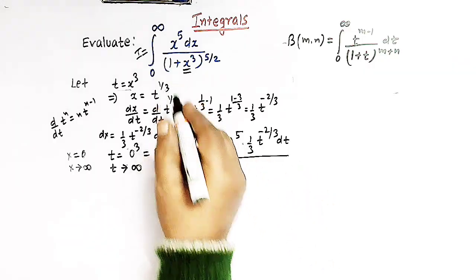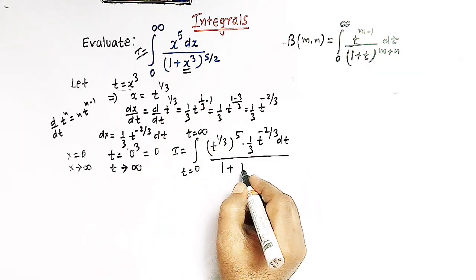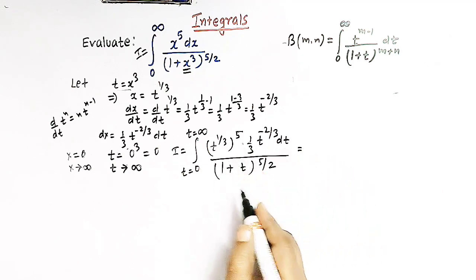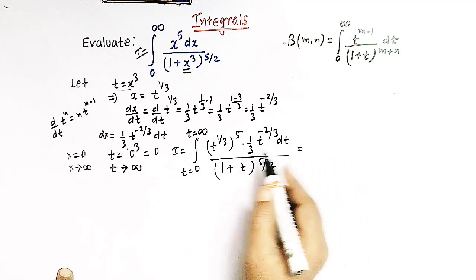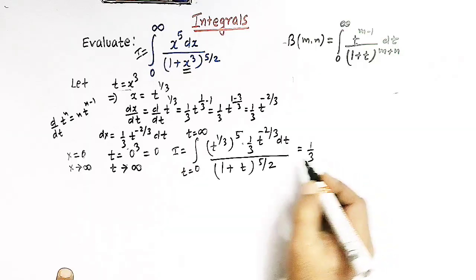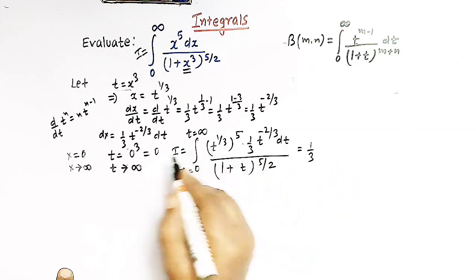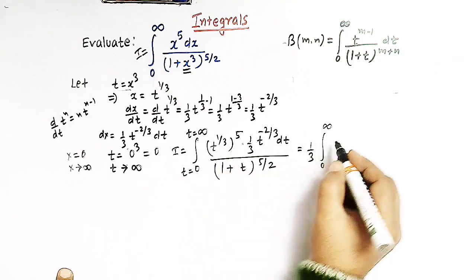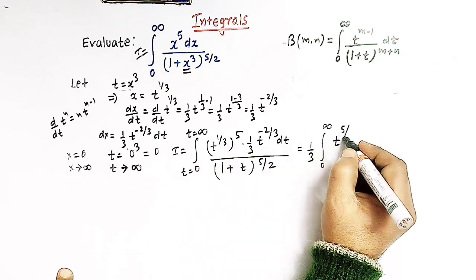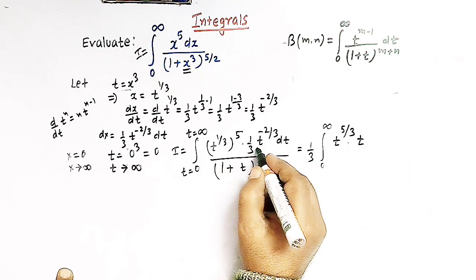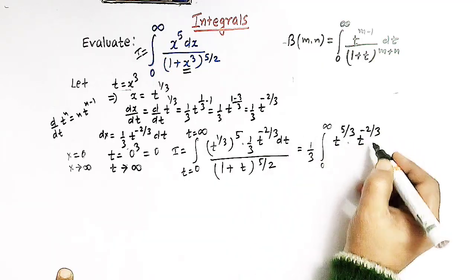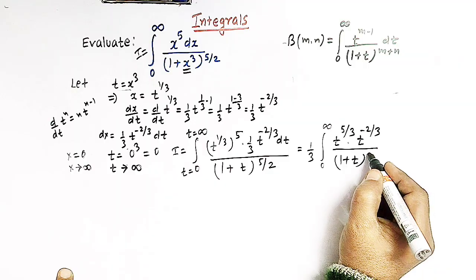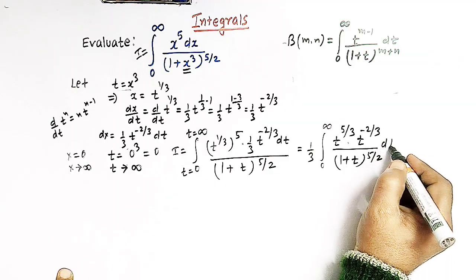And in the denominator, we can write (1 plus t) raised to 5 over 2. So now let us arrange the terms and simplify. We can take 1 over 3 outside the integral from 0 to infinity. Then we have t raised to 5 over 3, and t raised to minus 2 over 3, and (1 plus t) raised to 5 over 2 and dt.